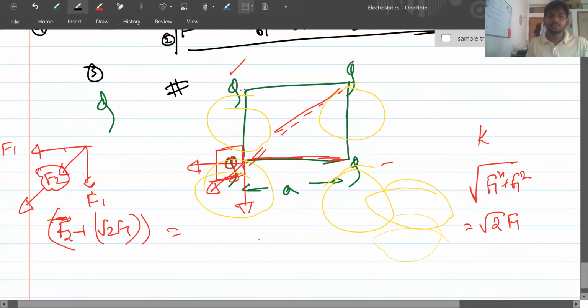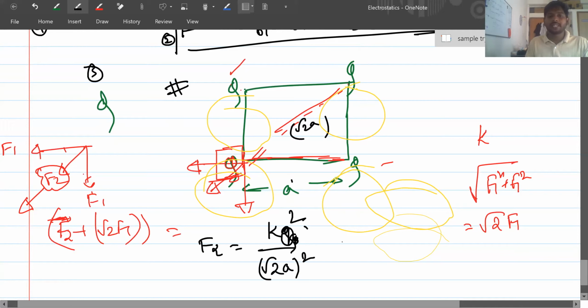So F2 is what? F2 is equal to K Q1 Q2, that is KQ square, divided by the distance squared. If this is A, this will be root 2A, right? Root 2A whole square, that is F2. Plus root 2 into F1 is what?